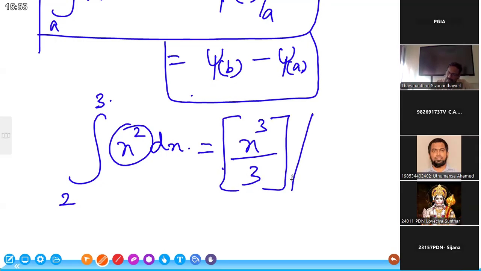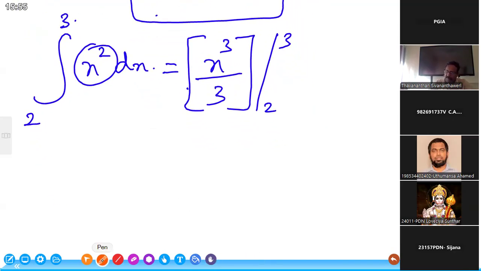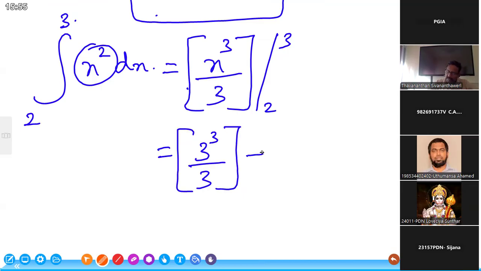After that, you substitute the upper and the lower values. So first you substitute the upper value, that is equal to 3 to the power 3 divided by 3 minus 2 to the power 3 by 3.